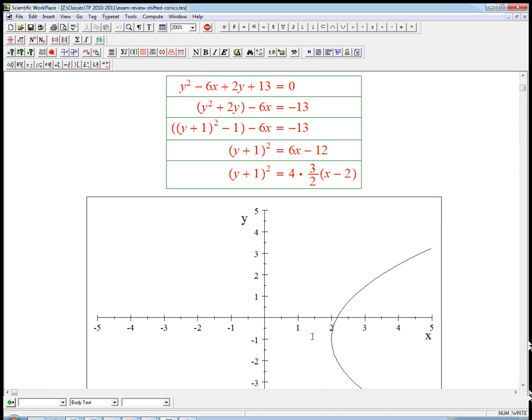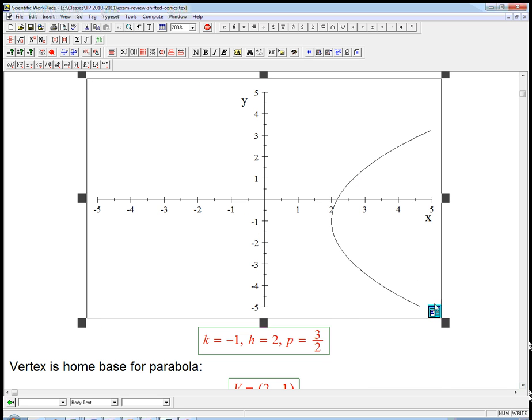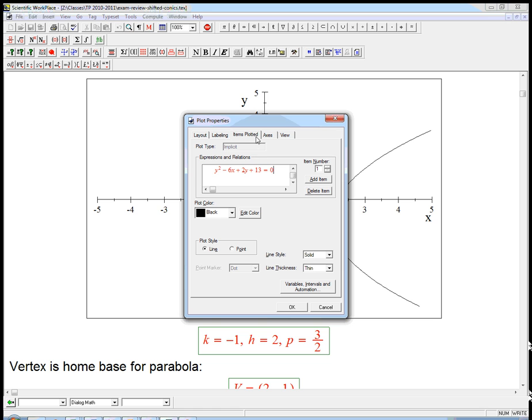Okay. And so here's the parabola. Here's the vertex at 2, -1. And then let me go ahead and add in the directrix dotted or dashed. See if that looks reasonable.